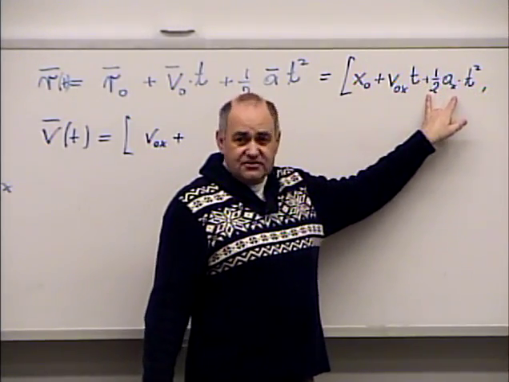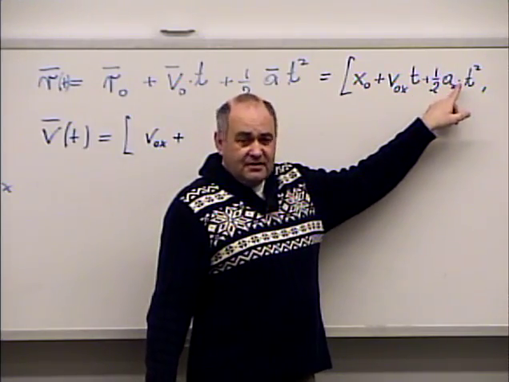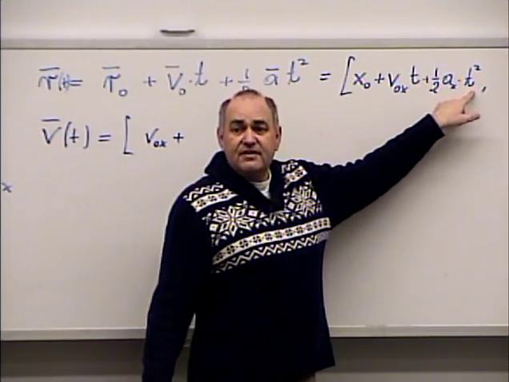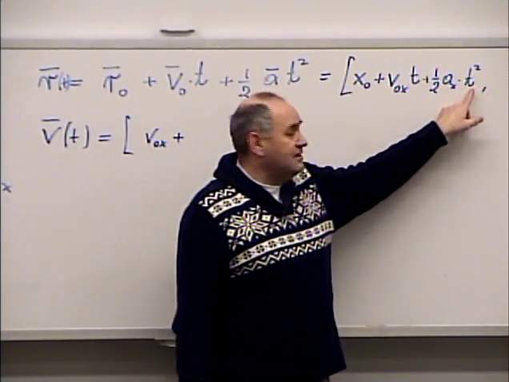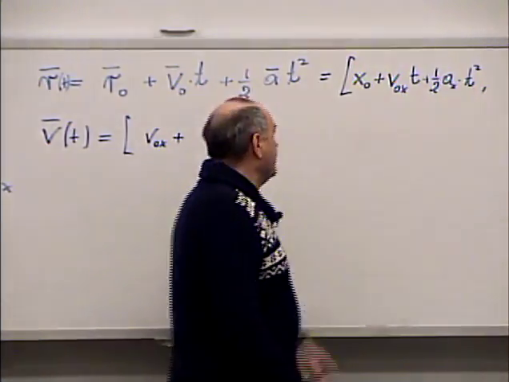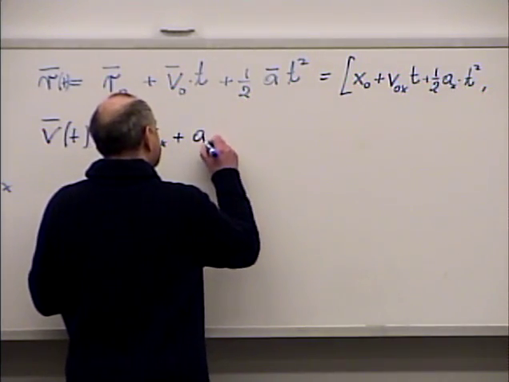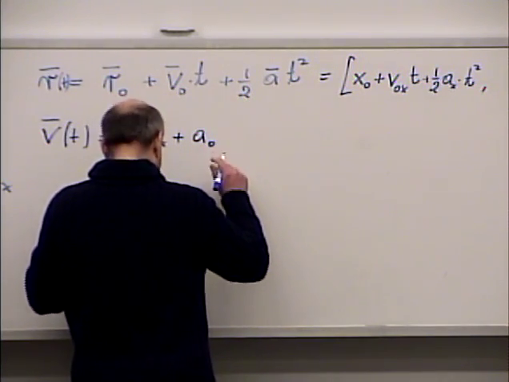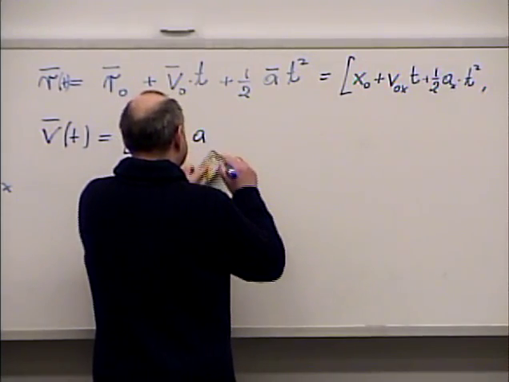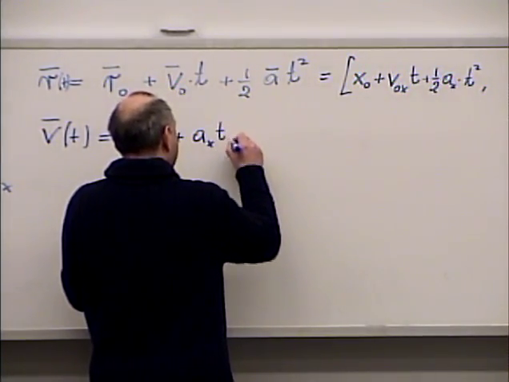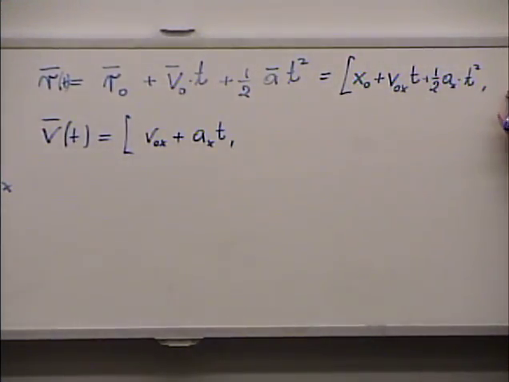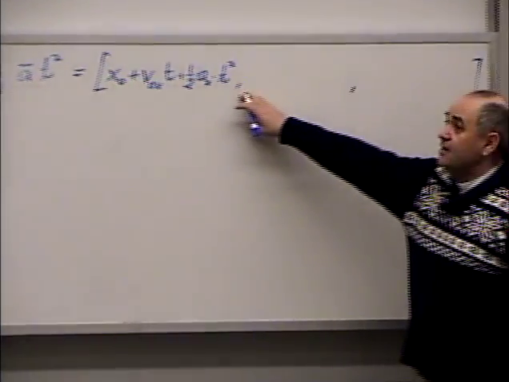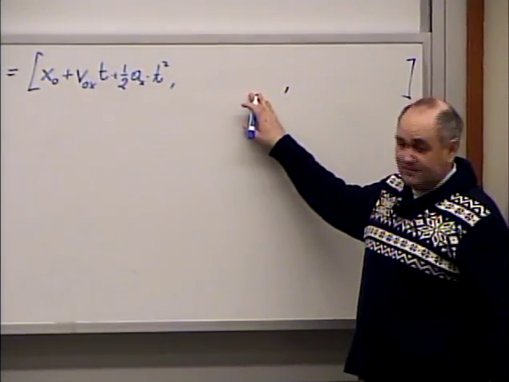So I take a constant, 1/2 ax, and the derivative of t squared is 2t. So I will get ax times t. Right, now the second, let's come back to the explicit form of the second component of position.